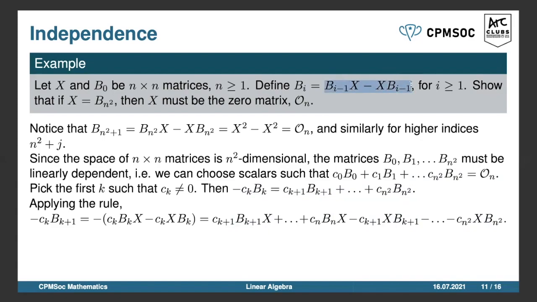But if we go in the other direction, we can see that we have something times X here minus X times the same something over here, which is of this form. So we can collapse this a little bit and see that this constant times Bk plus 1 is this other expression in terms of another set of matrices.